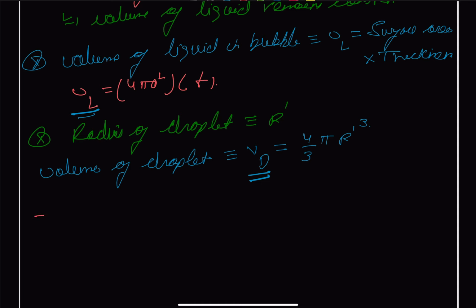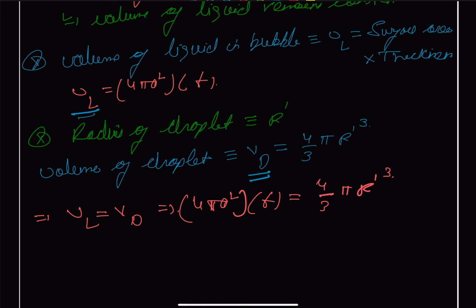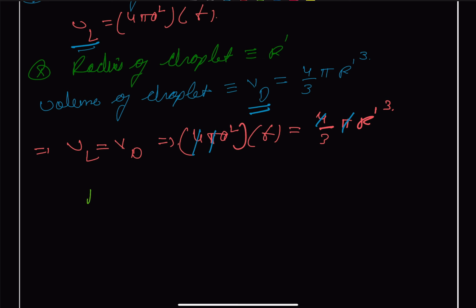Therefore VL is equal to Vd, and we can just substitute the values. VL is 4 pi a square multiplied by thickness T, equal to 4 by 3 pi R prime cube, and here the 4 and pi cancel out. So we can write that R prime will be equal to 3a square t, whole raised to the power 1 by 3.